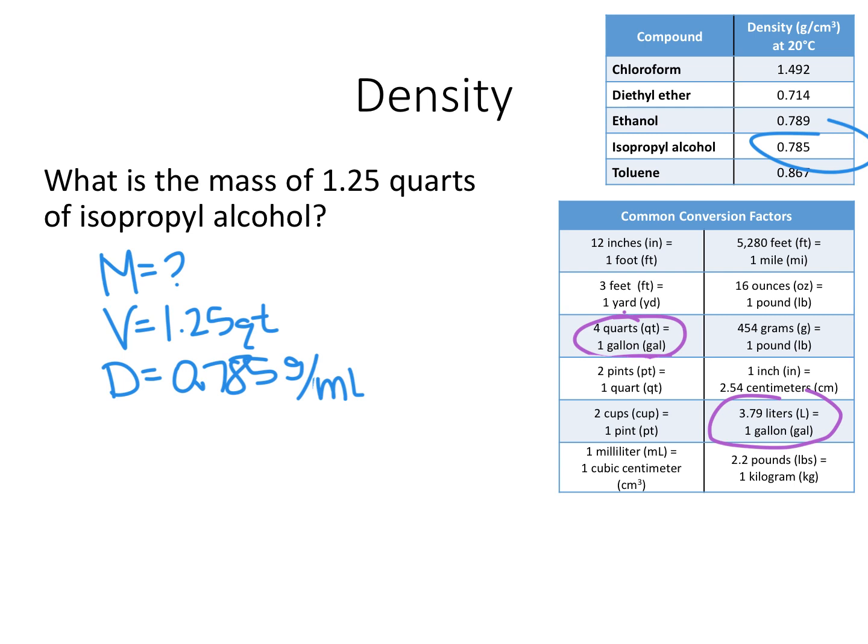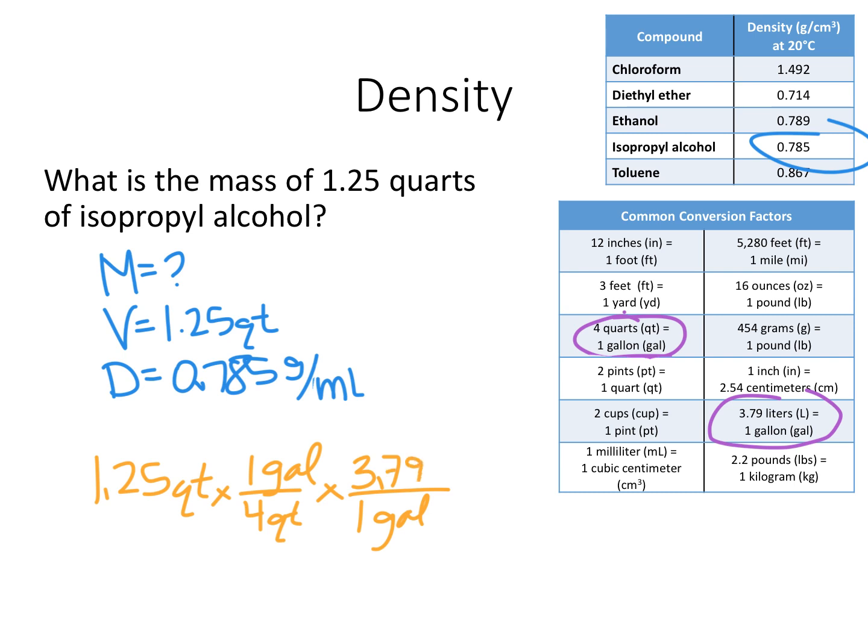So this is 1.25 quarts. There are 4 quarts in 1 gallon. 1 gallon is 3.79 liters, and 1 liter is 1,000 milliliters.